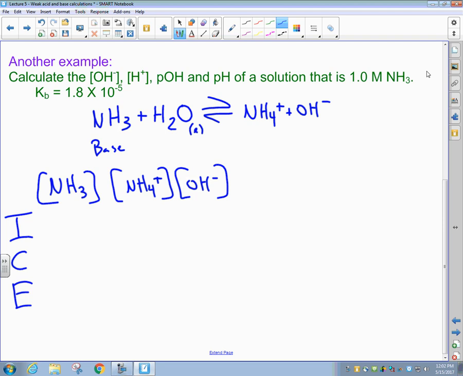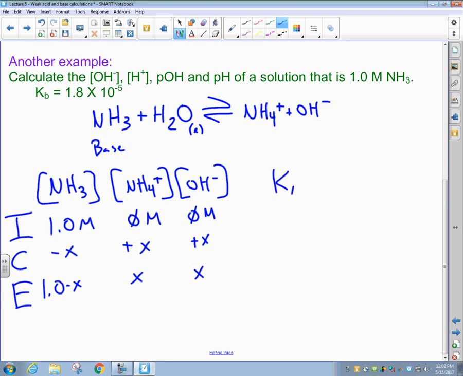Our initial concentration of NH3 is 1.0 molar. Our initial concentration of our product ions are both 0, which means they're going to increase by X, and the reactant concentration will decrease by X. We'll have 1.0 minus X, X, and X as our three equilibrium expressions.